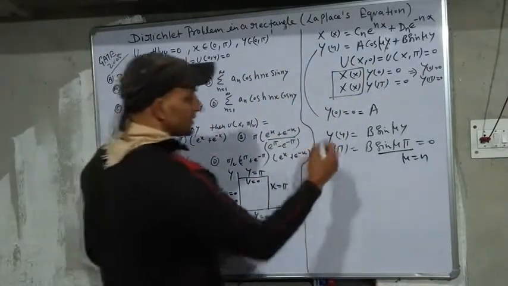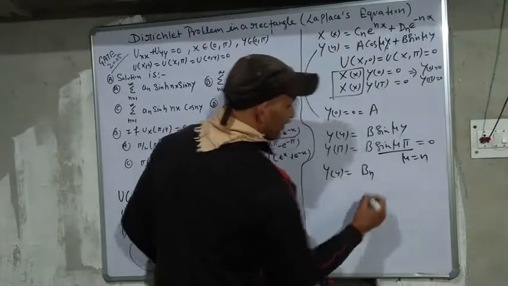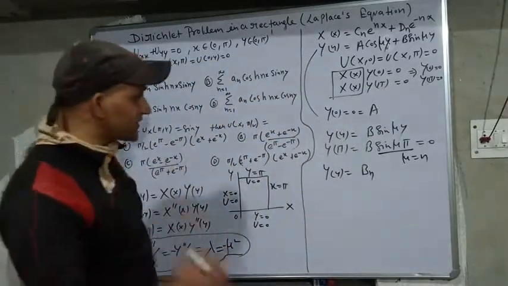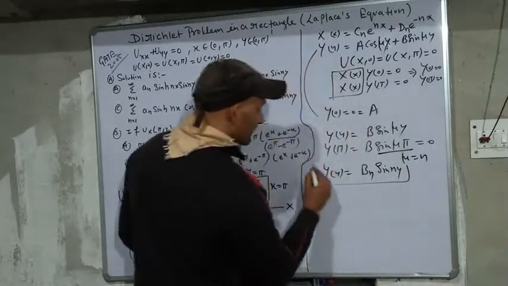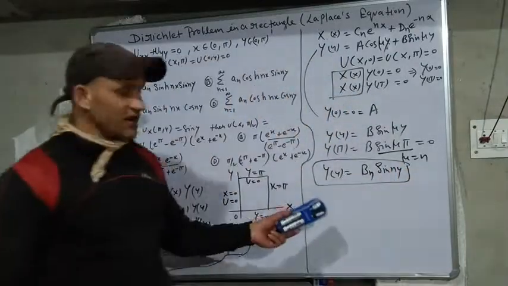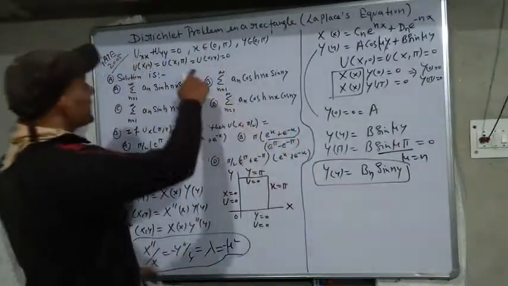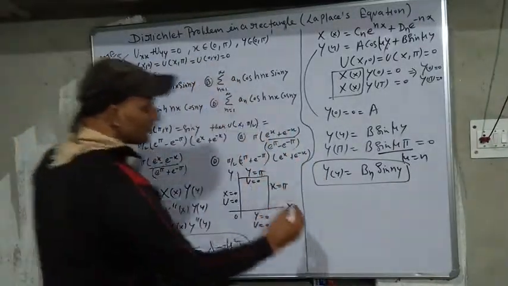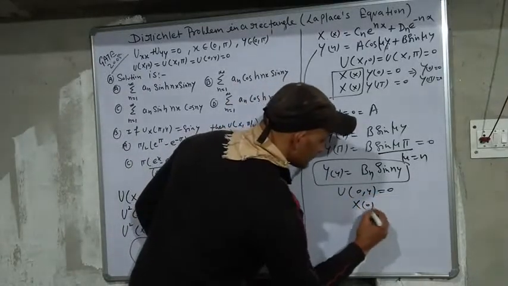Already we have discussed. So your solution Y(y) is equal to bn sin ny. Already we have solved this in the previous question. Now we will solve X(x). You know that they have given us u(0,y) is equal to 0, so X(0) is equal to 0.